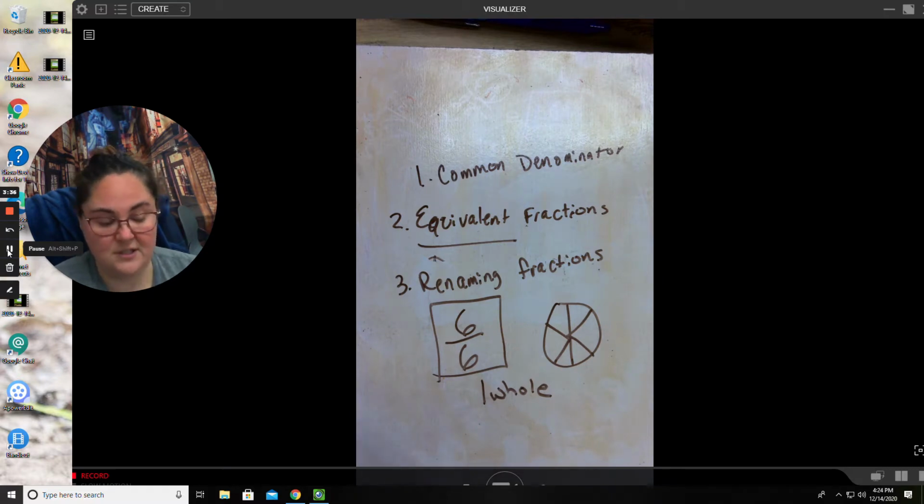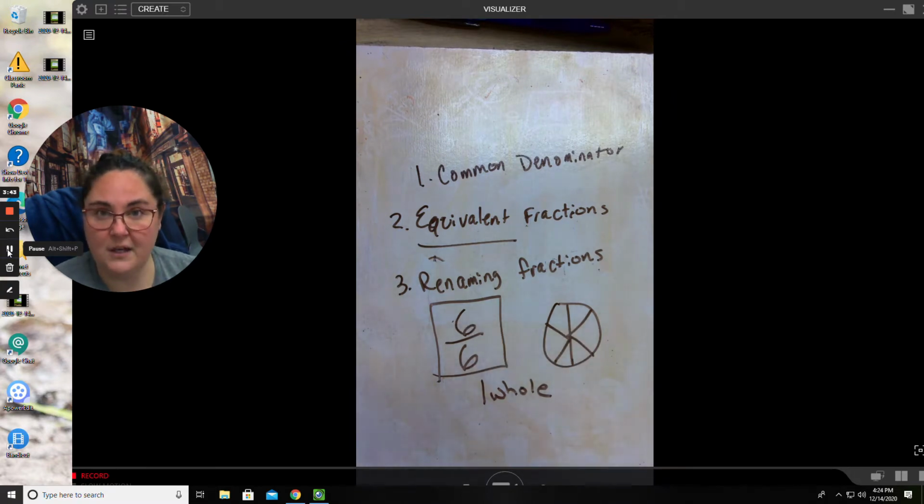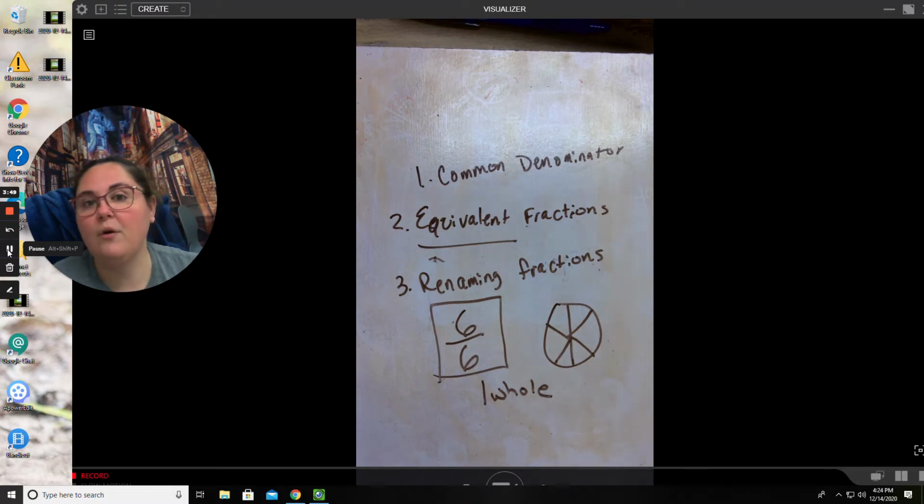The way that you do that is you multiply the bottom and top number by the same number. Because if we have a fraction with a numerator and denominator that's the same, that means it's equal to 1. And you know that anything times 1 is itself, right? So this is something to keep in mind as we go through the lesson today.